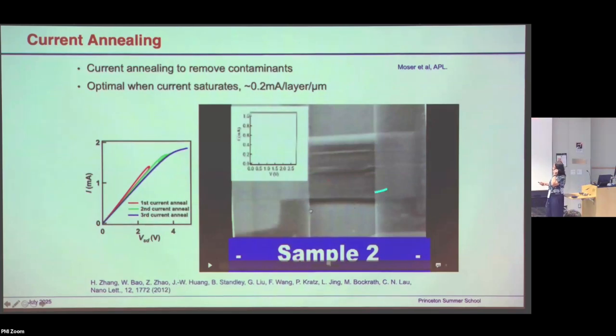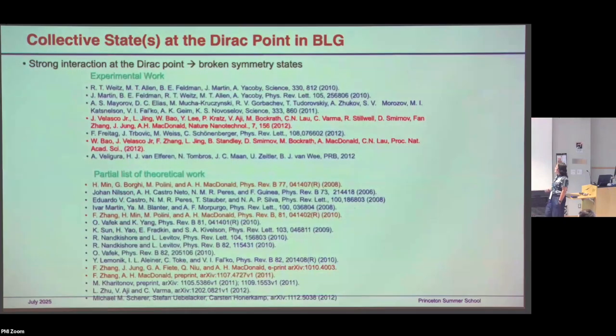So this is in situ imaging. We pass a current, and we can see a clean area appearing in the middle, and it spreads towards the banks. It tells us it's removing the residues from the lithography.